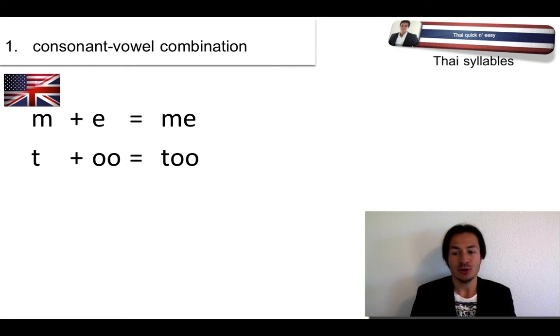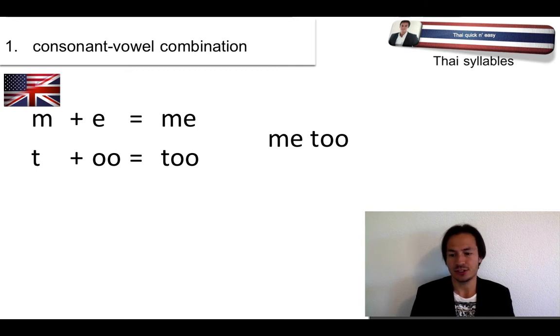Anyway, these two you can then combine in sentences and create a meaning. So these two would mean me too, which already bear a meaning. Two syllables, two words, one meaning.